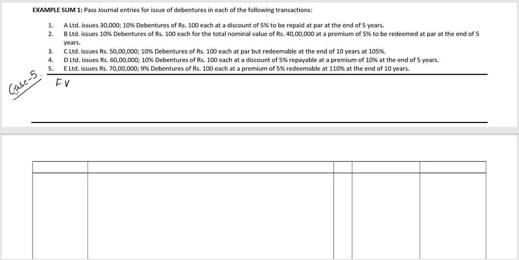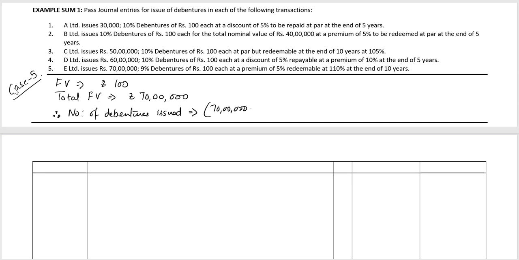So the face value of one debenture is rupees 100. The total face value is rupees 70 lakh. Hence, the number of debentures issued is equal to 70 lakh rupees divided by 100 rupees comes up to 70,000 debentures.